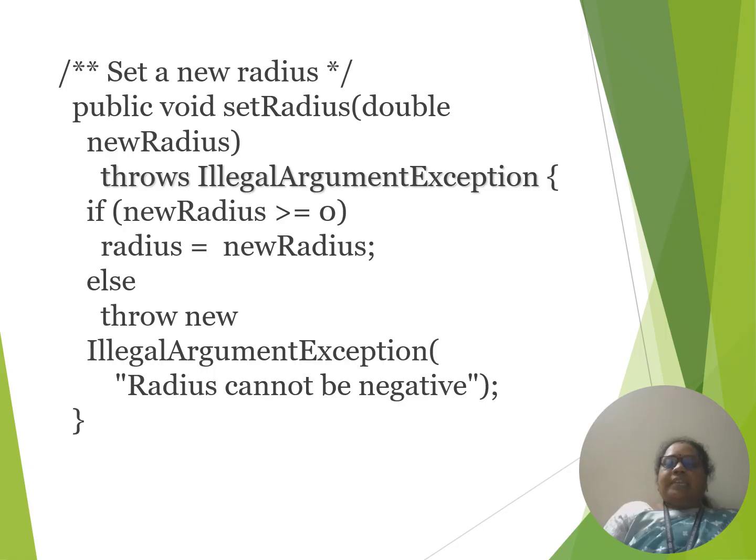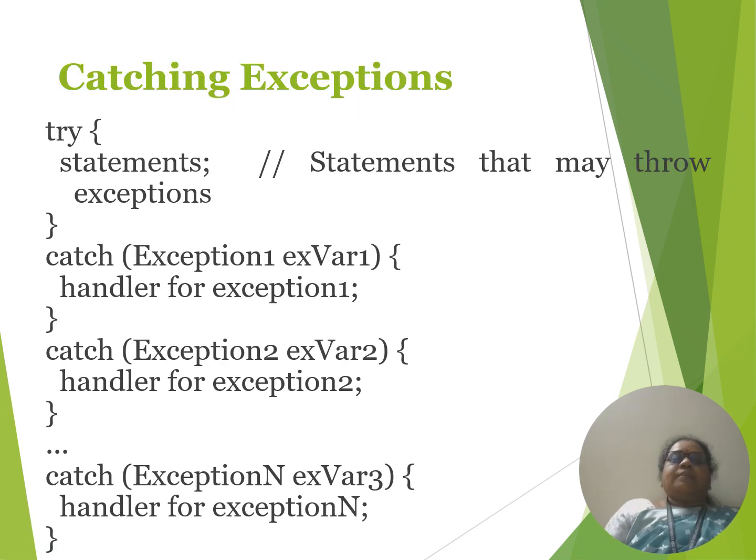When we give a negative value, the user may not know the value is invalid. If they give the negative value, then that exception will be caught in the case of IllegalArgumentException. So here we are using throw new IllegalArgumentException, radius cannot be negative. This is the example for throwing exceptions.